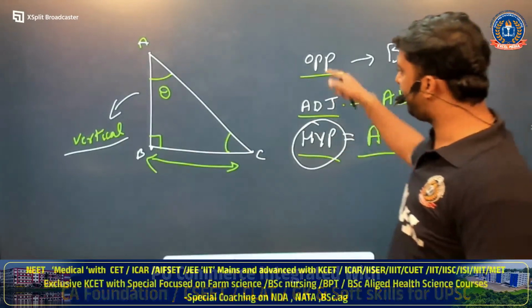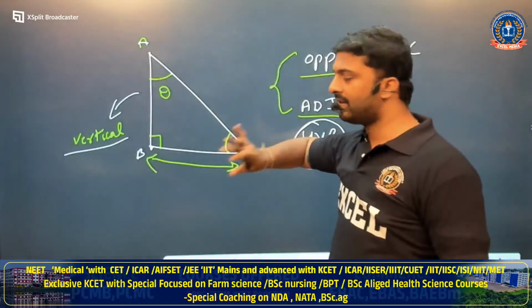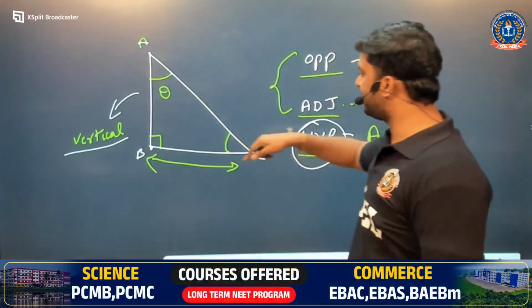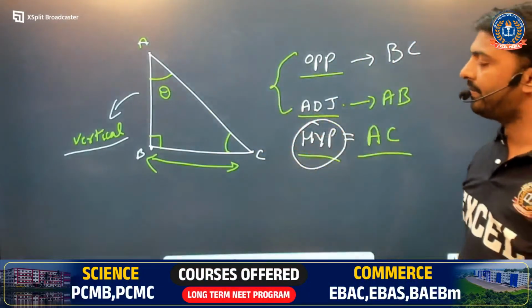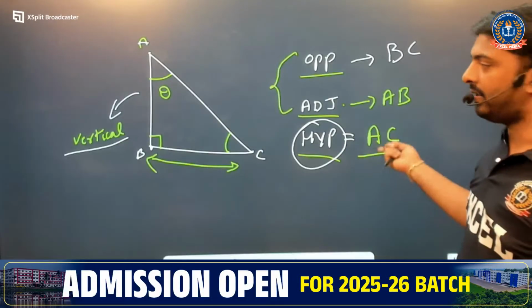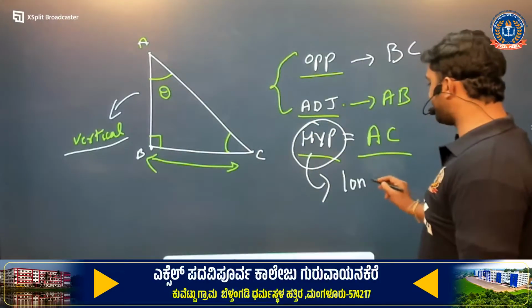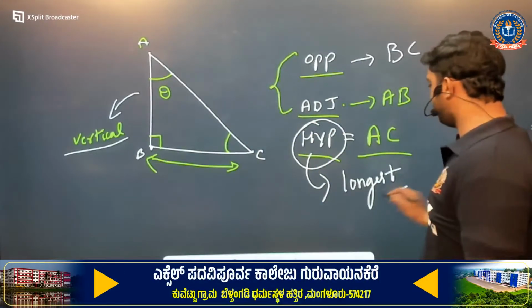Only the opposite side and adjacent side depend on the angle taken, okay? Hypotenuse doesn't depend on the angle, it is simply the longest side, right?